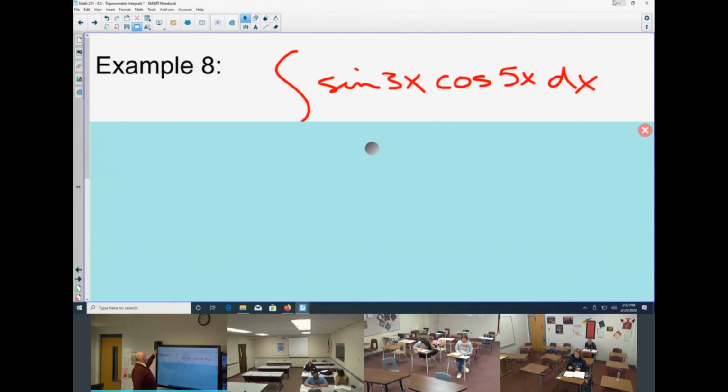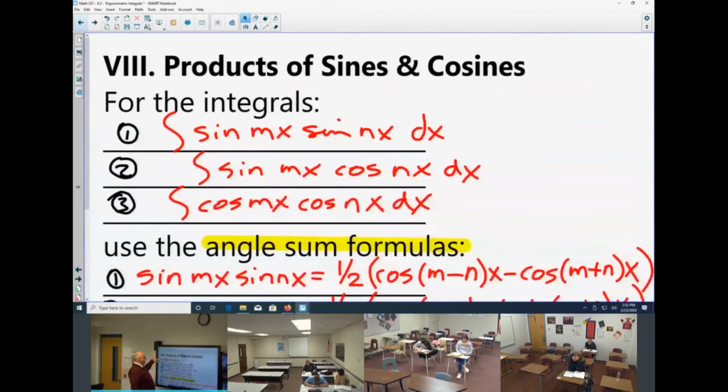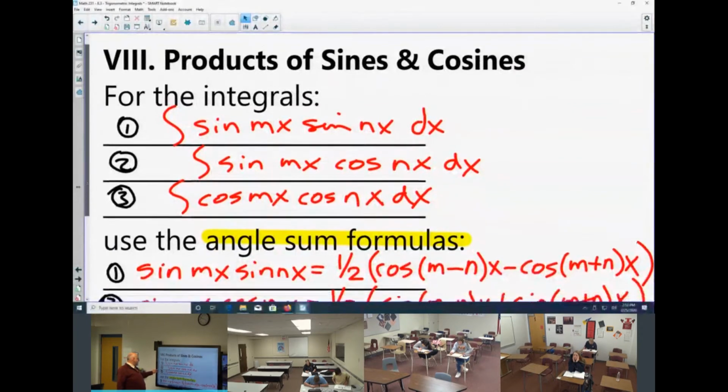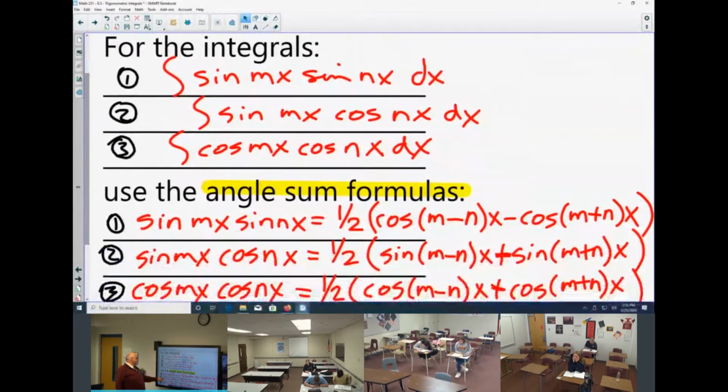When you have sine and cosine and they're different, then that's the second one. Sine mx cosine nx is 1/2 the sine of (m minus n)x plus the sine of (m plus n)x. So you're going to use the second one here.